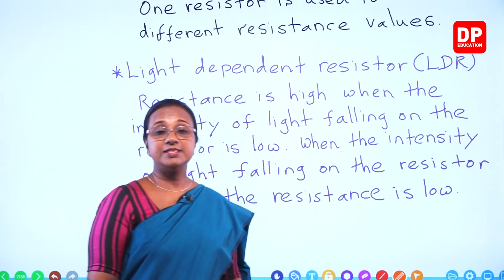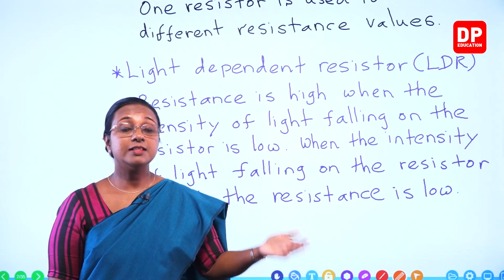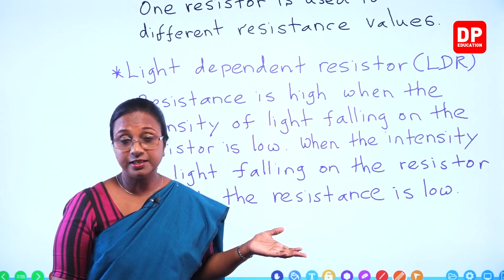Or in other words, you can say when the intensity of light falling on the resistor increases, the resistance of the resistor decreases.